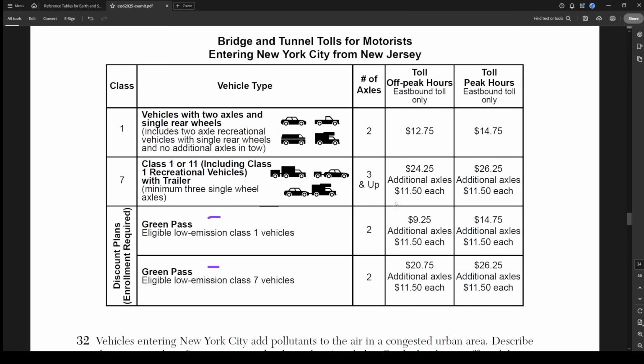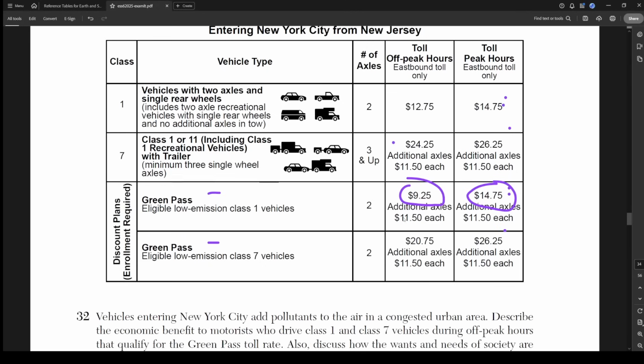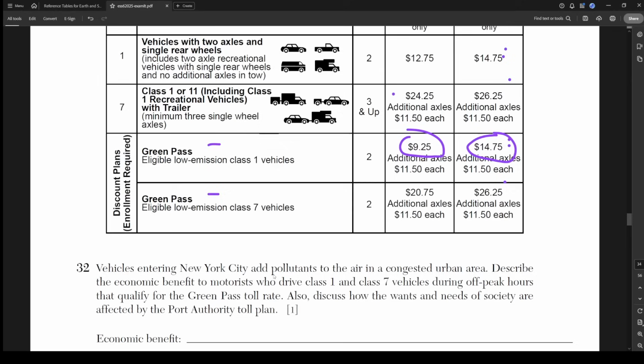So you could see it's cheaper if you have the Green Pass. I mean, it's the same at peak. But off-peak is much cheaper.